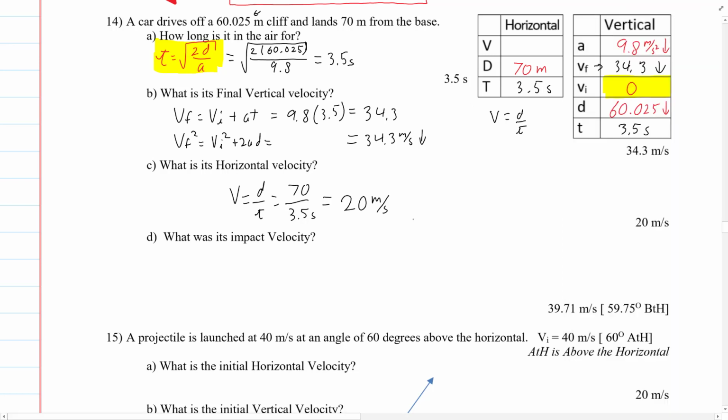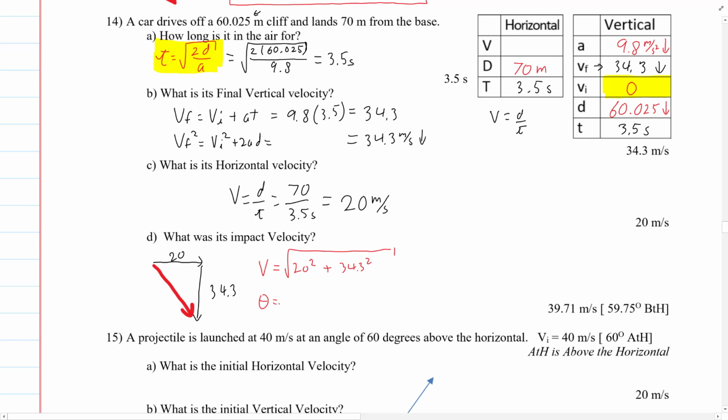And then what is his impact velocity? There we go. We have the 20 this way and 34.3 this way. We then have to draw our hypotenuse, and that would be V is equal to the square root of 20 squared plus 34.3 squared.